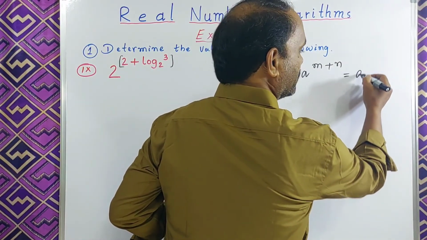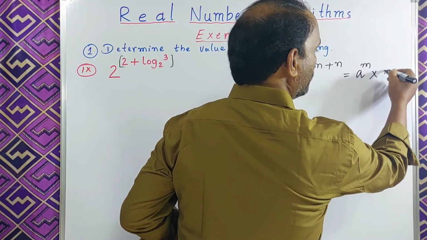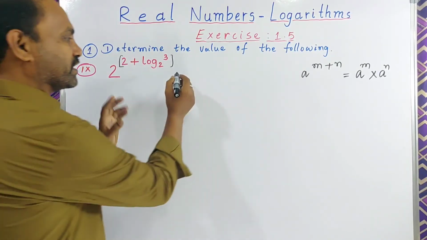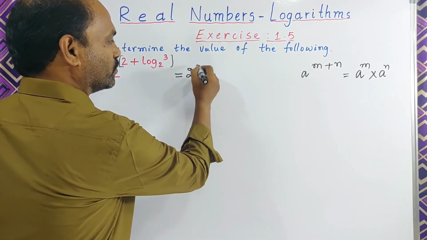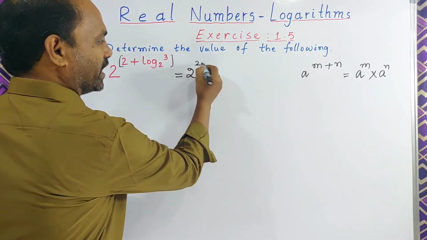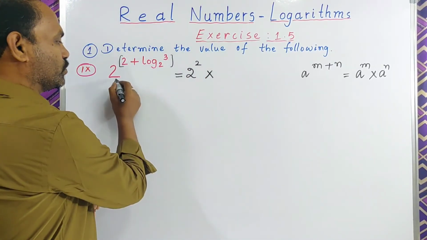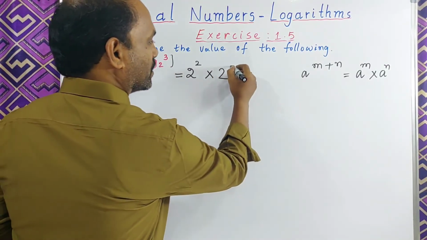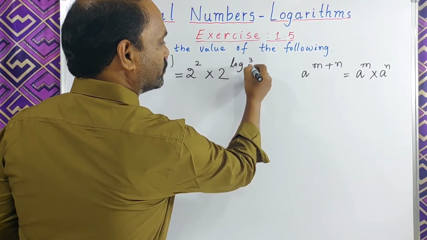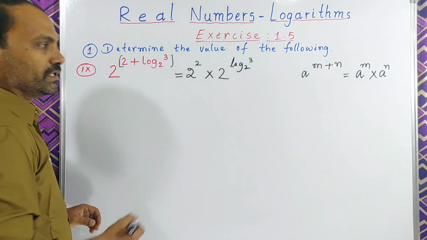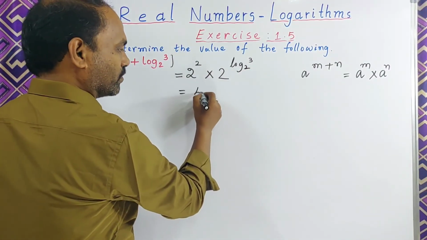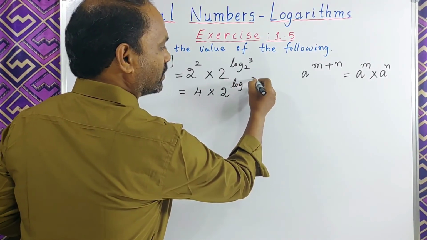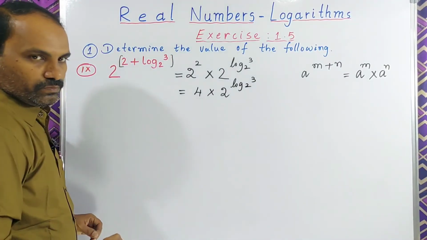How can we write? A power m into a power n. Here a plus is there, that is why we can write this as 2 power 2, that means 2 square, into 2 power log 3 to the base 2. 2 power 2 means 4, so 4 into 2 power log 3 to the base 2.